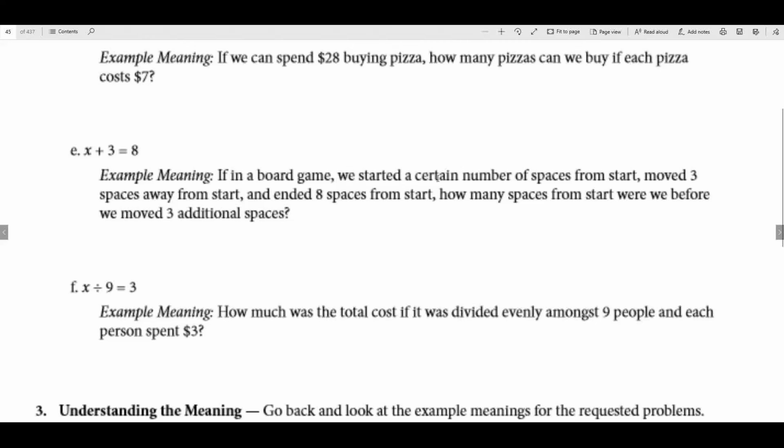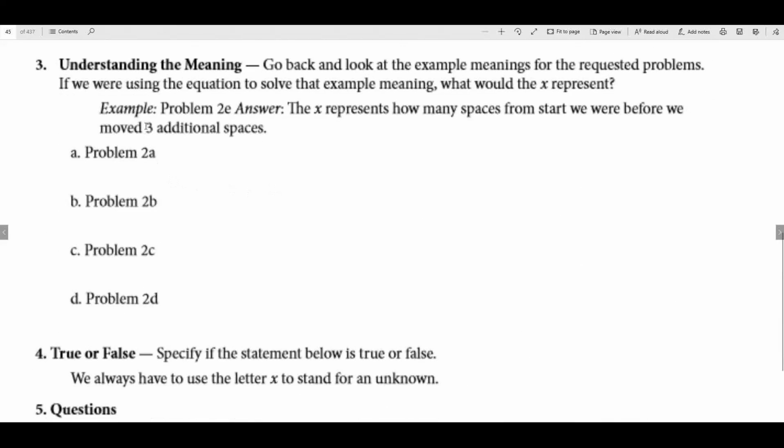If in a board game we started a certain number of spaces from start, moved 3 spaces away from start, and ended 8 spaces from the start, how many spaces from start were we before we moved 3 additional spaces? So whatever the x equals is what you're going to put here. The x represents how many spaces from start we were before we moved 3 additional spaces.